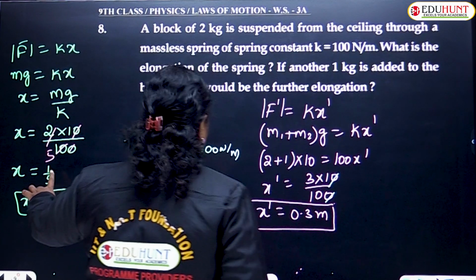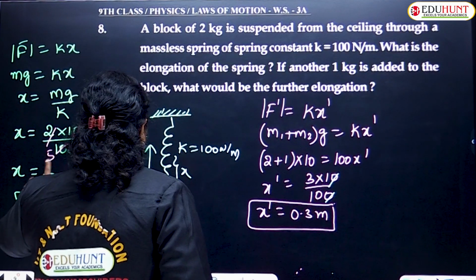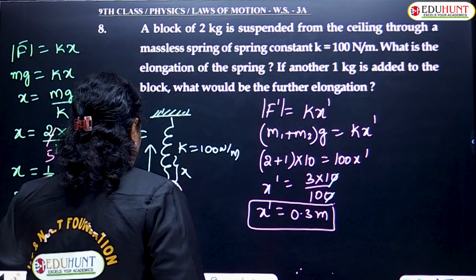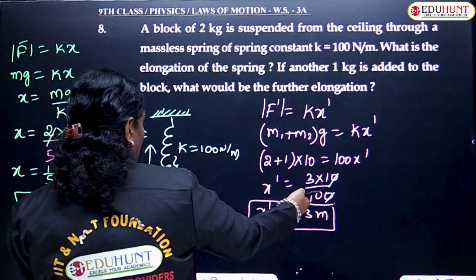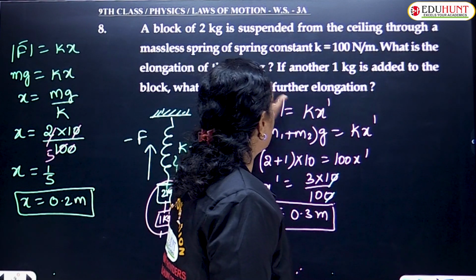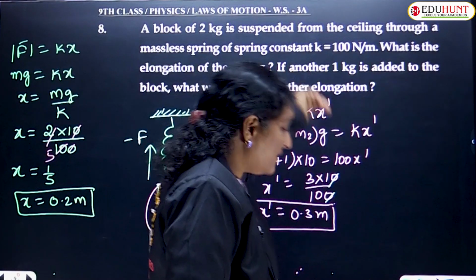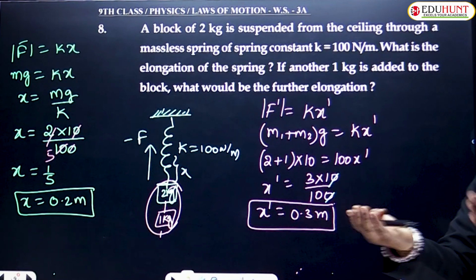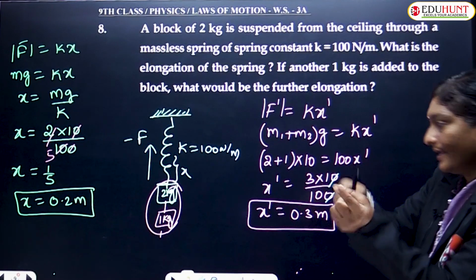So earlier, when only the 2 kg mass was suspended, the elongation was found to be 0.2 meters. But now the new elongation is found to be 0.3 meters. But in the question it was asked how much further it has been elongated. From 0.2 meters to 0.3 meters, what is the extra elongation?